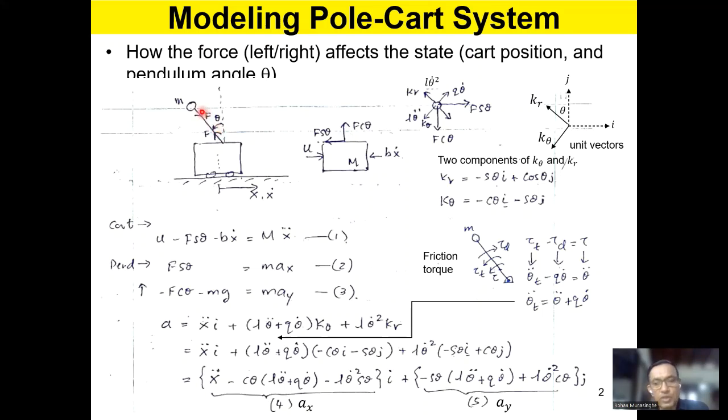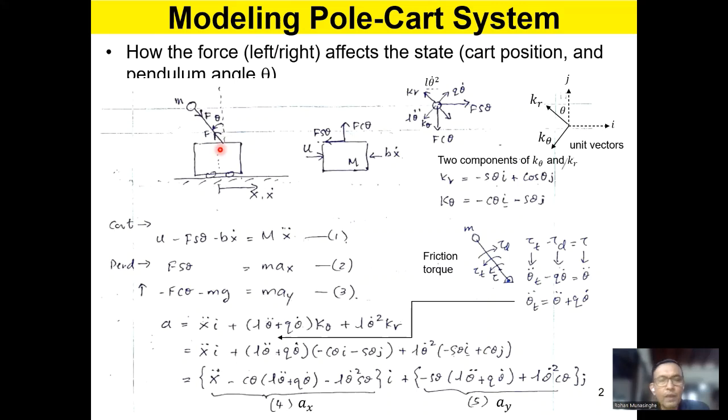This tension is a force pulling the pendulum downward on this end, but on the other side of the pole, it pulls the cart upwards. So you can see the two arrows. This is how the force acts on one hand on the pendulum, on the other hand on the cart.